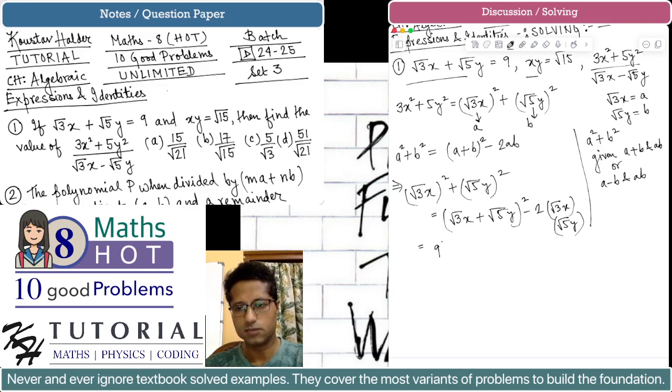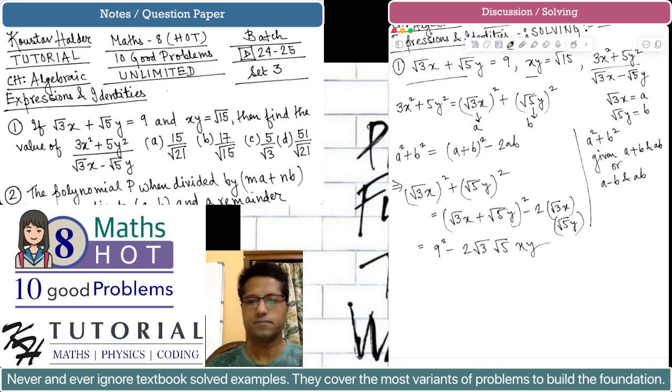So this is 9 square, minus 2 into root 3x into root 5y, which is 2 into root 3 multiplied by root 5, and we have xy.